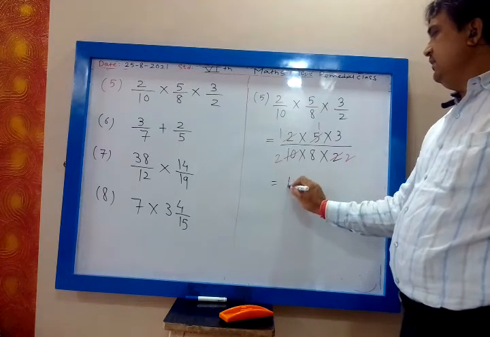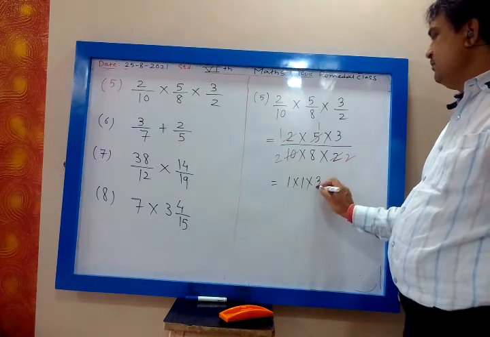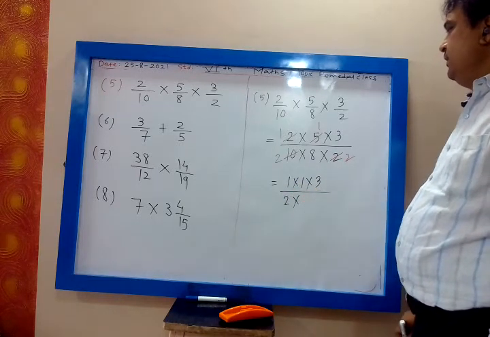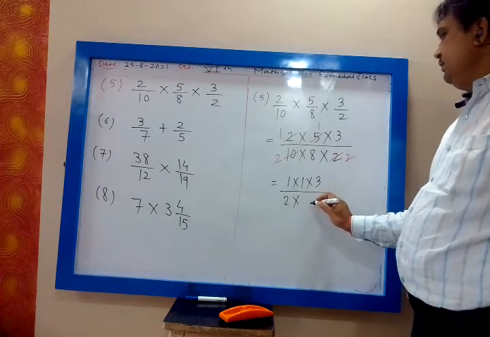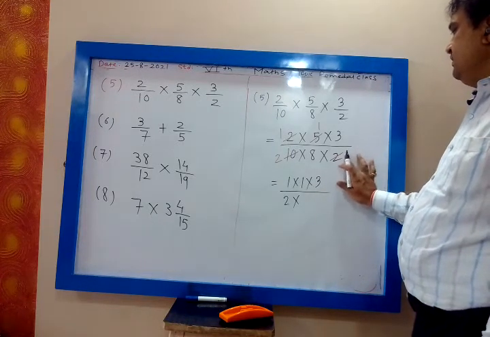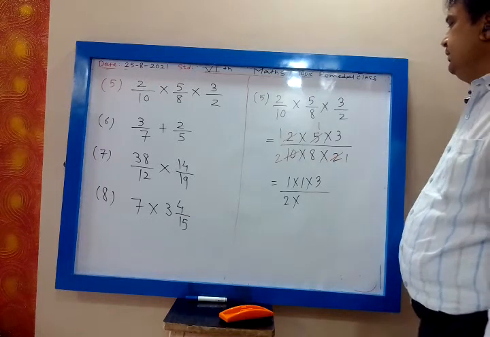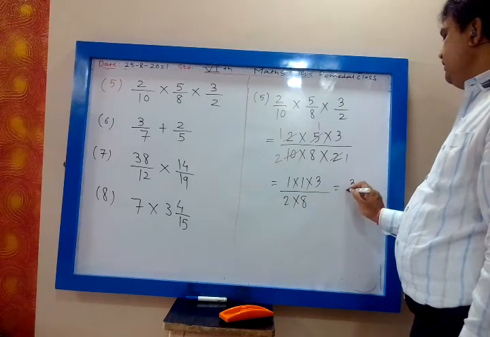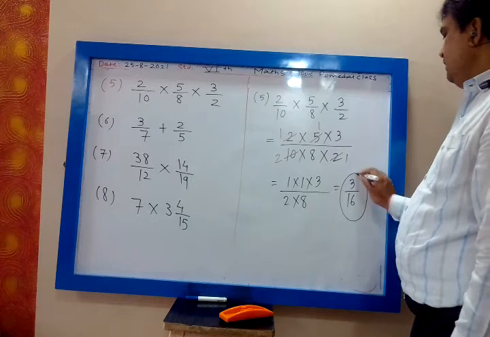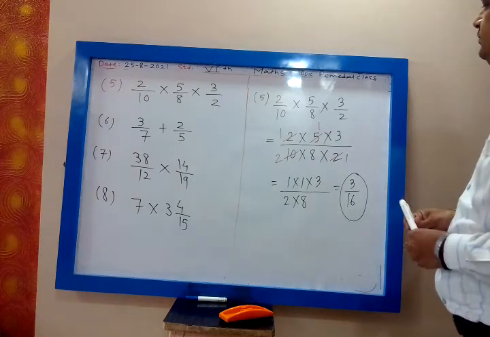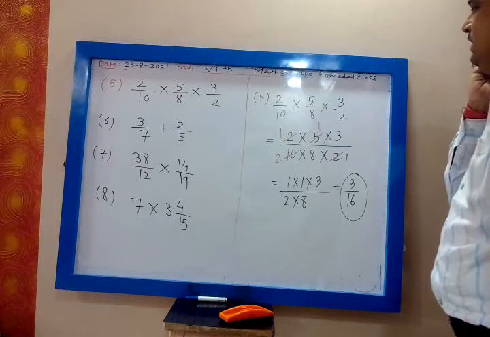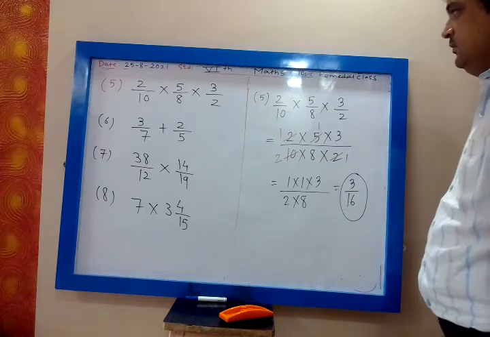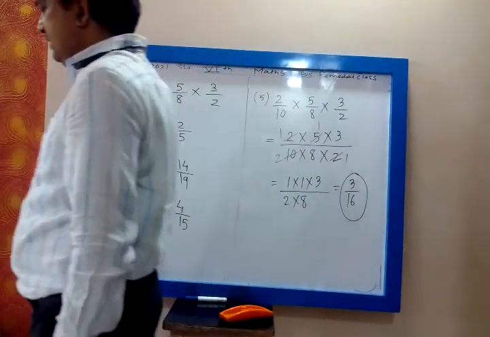So what is left? 1 into 1 into 3 upon 2 into 8 into 2. 2 gets cancelled, no? 2 ones are 2. So 2 into 8. So the answer is 3 upon 16. Okay. Sixth answer. Tell me the answer.